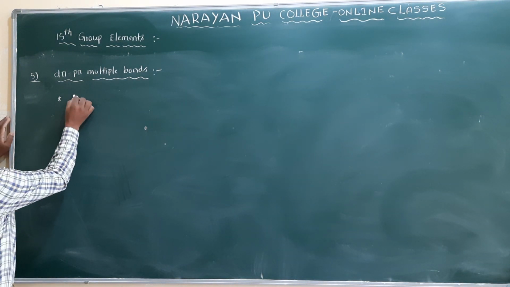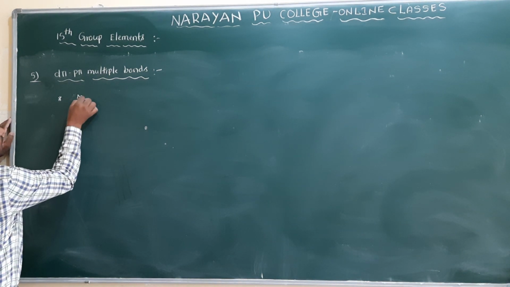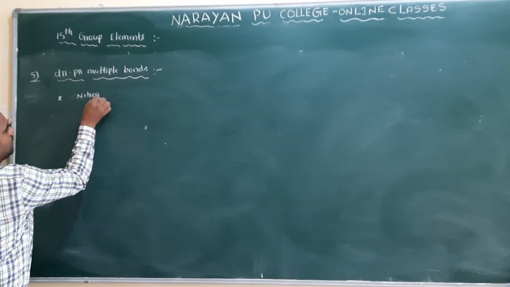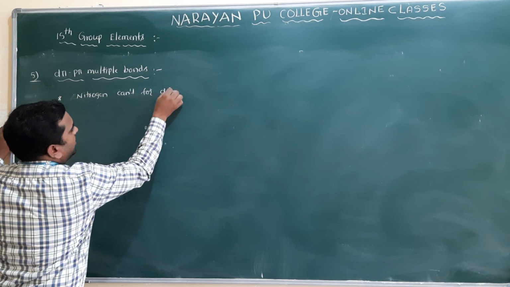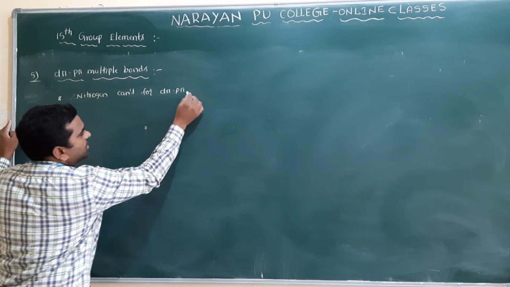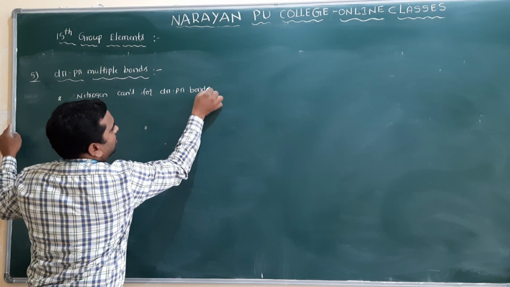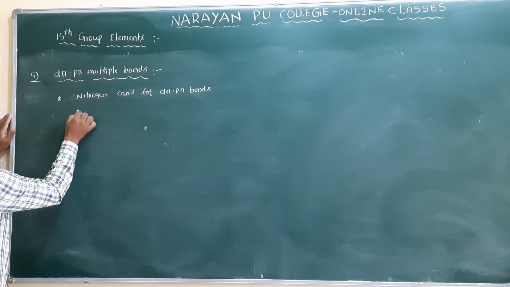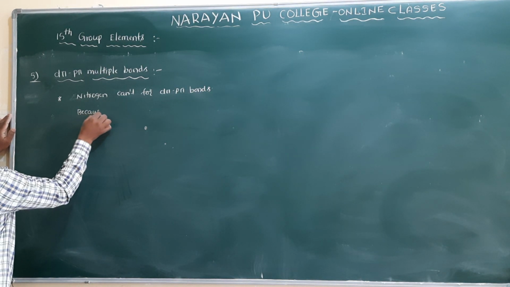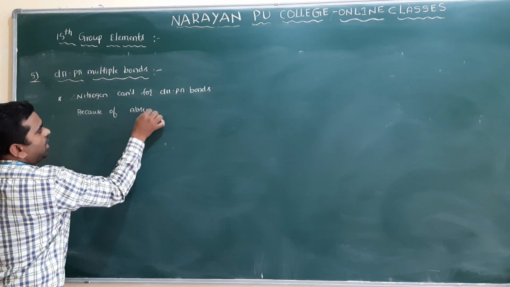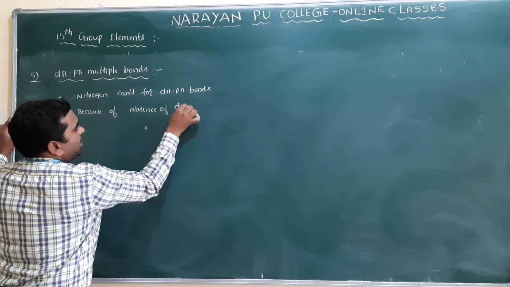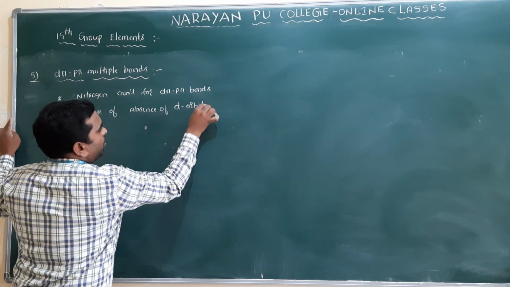So nitrogen cannot form dπ-pπ bonds because of the absence of d orbitals.